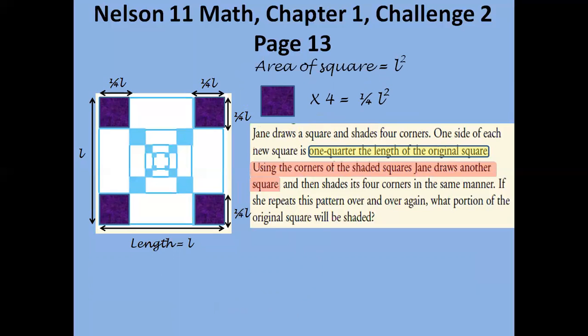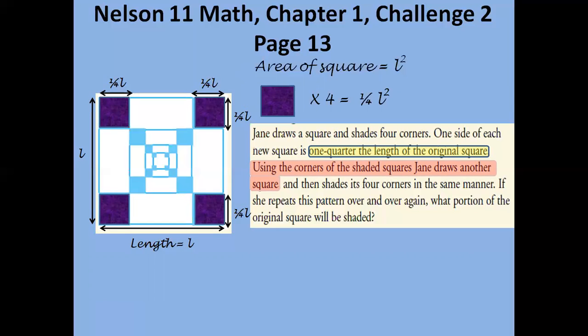Now read this line. This says, using the corners of the shaded squares, Jane draws another square. So where is that another square? It's this square. It's drawn using the corners of the shaded square.